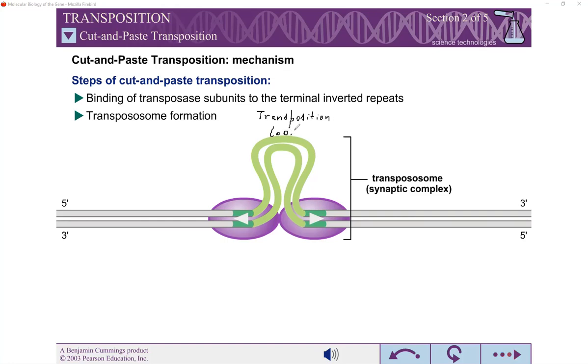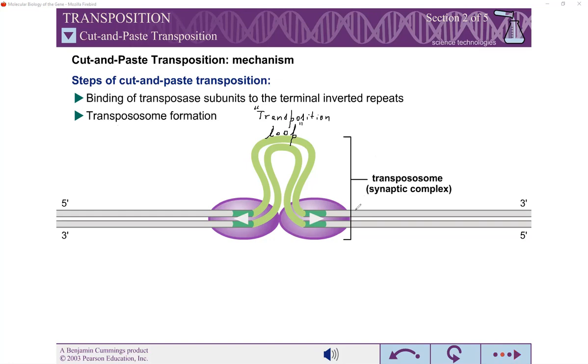Now, how is this loop going to function? This is the transposition loop which is present. Transposition formation is going to take place. Then it will lead to the formation of a complex, the synaptic complex, and that is referred to as transpososome. So a transpososome is being produced.